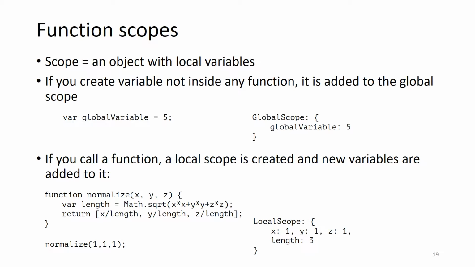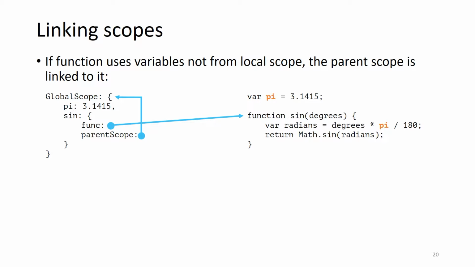The hard things start to appear when we start linking scopes. If we define a function that uses some variable that is not local to this function, we tell JavaScript to link the scope of this function and the scope it was created in.